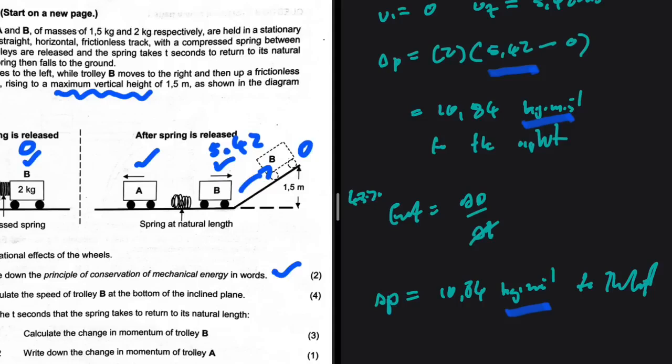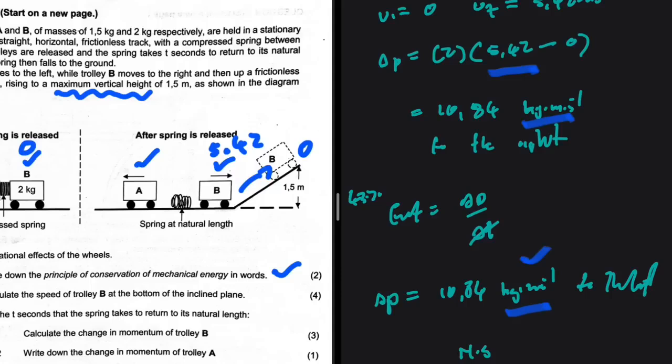I think the impulse will be kg meters per second, but the change in momentum will actually be newtons multiplied by second. So let me know in the comments, which SI unit did you use? Did you use kg meters per second, or did you use newtons multiplied by second?